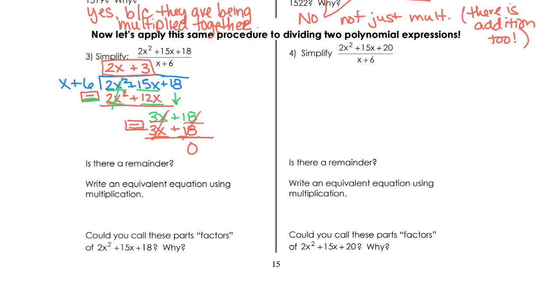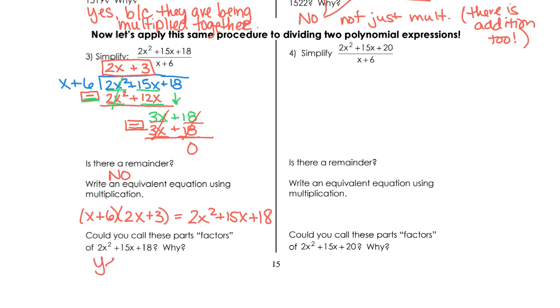Is there a remainder? No. Write an equivalent equation using multiplication. So that would be my x plus 6 times my answer of 2x plus 3 should equal my polynomial of 2x squared plus 15x plus 18. And could you call these parts factors?